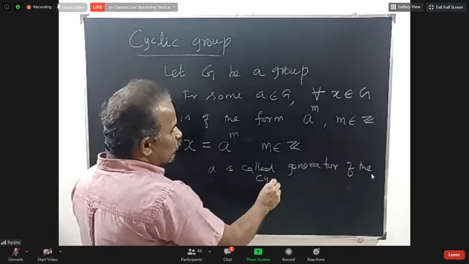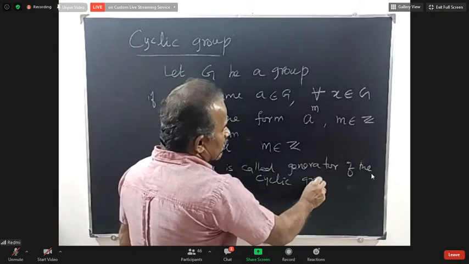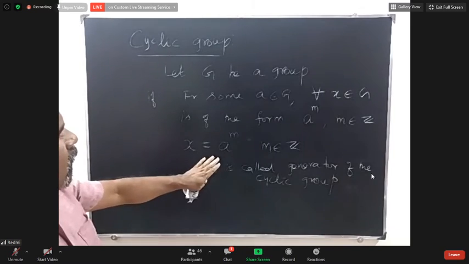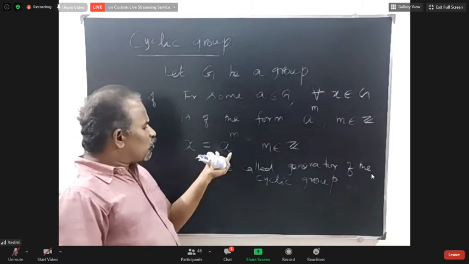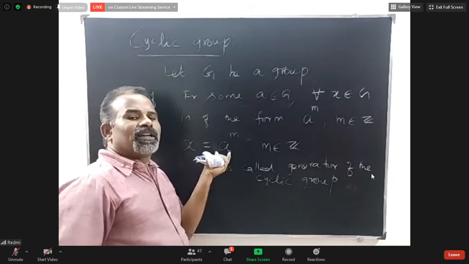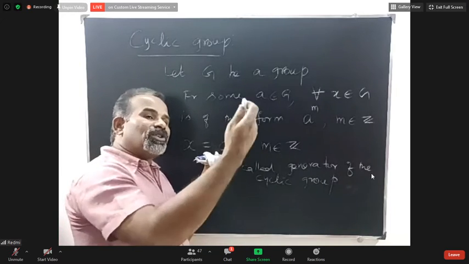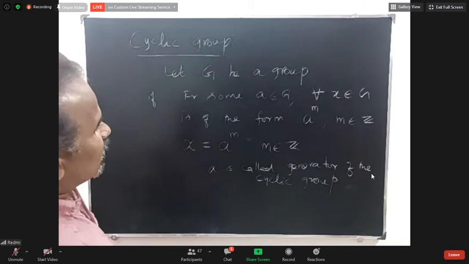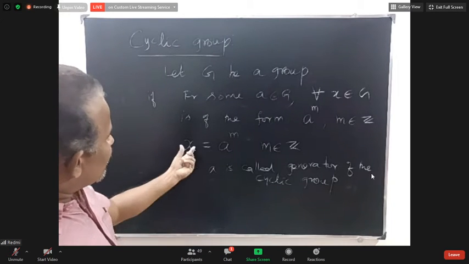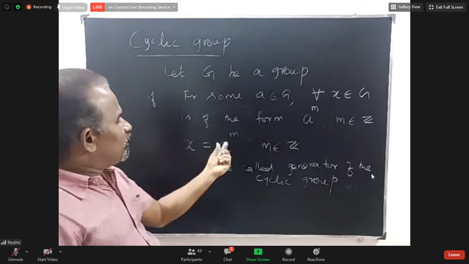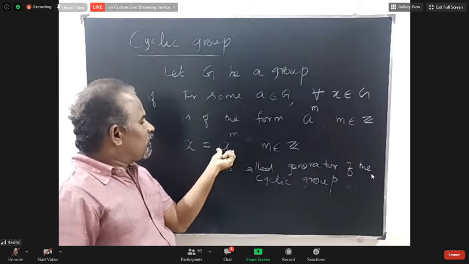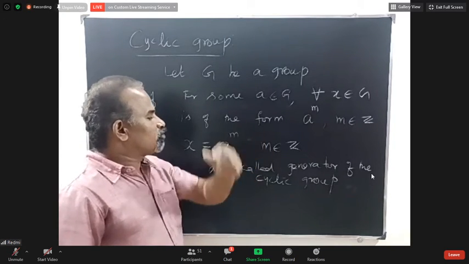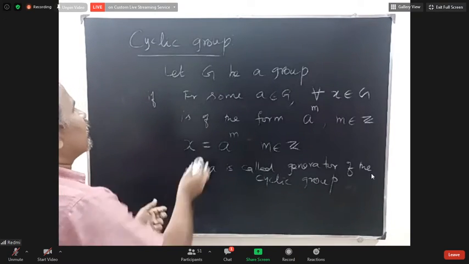Sir, does each group have only one generator? No, not necessarily. More than one generator also can be there. So any element of G can be expressed in the A power M form for M belongs to integers. This is called a cyclic group.